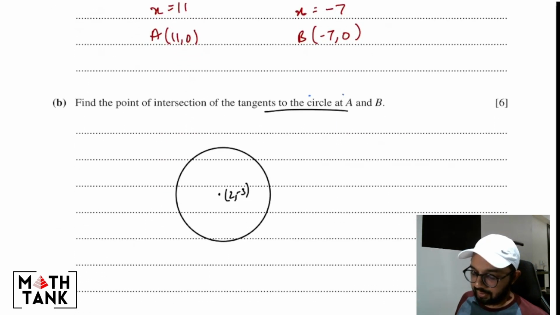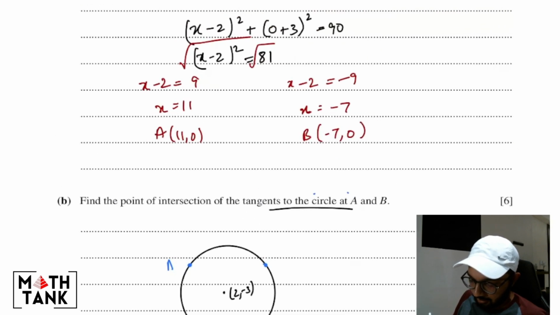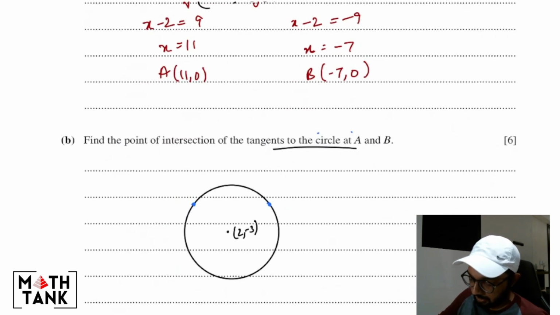Okay, and then it says find the point of intersection of the tangents to the circle at A and B. So let's say this is A, this is B. Which one did I mark as A? Okay, this one is A, 11 comma 0, and this one is B, minus 7 comma 0.